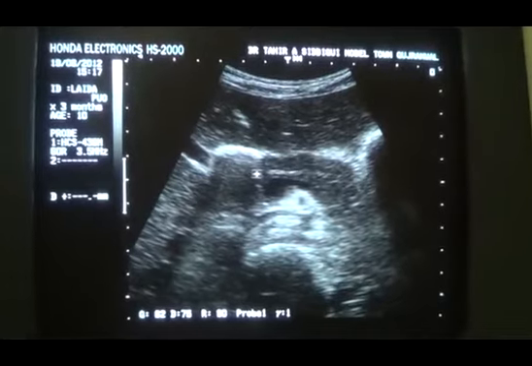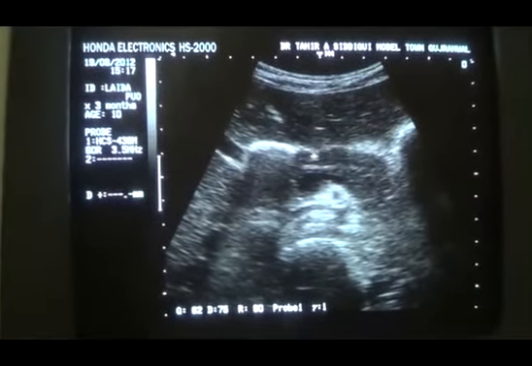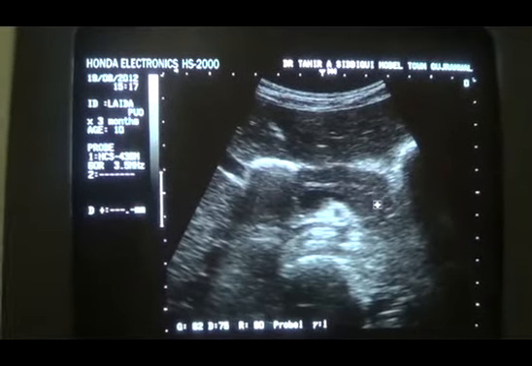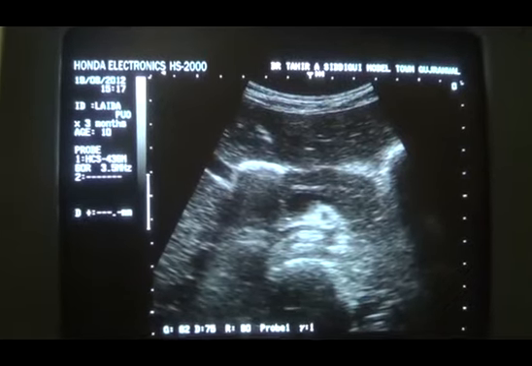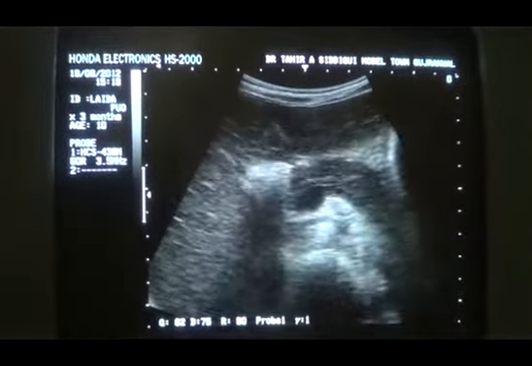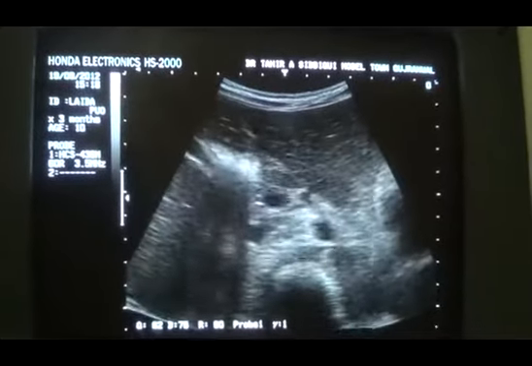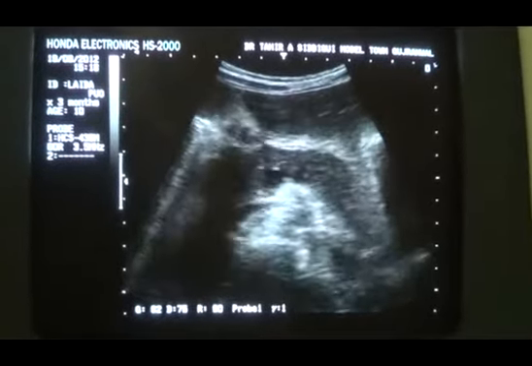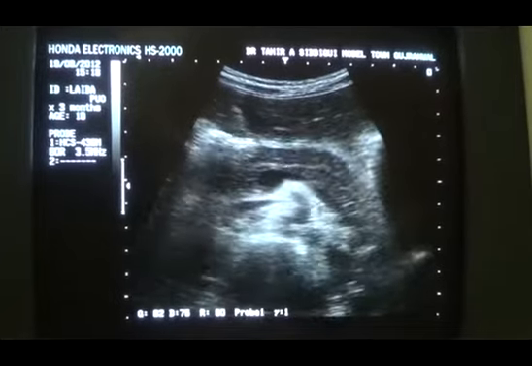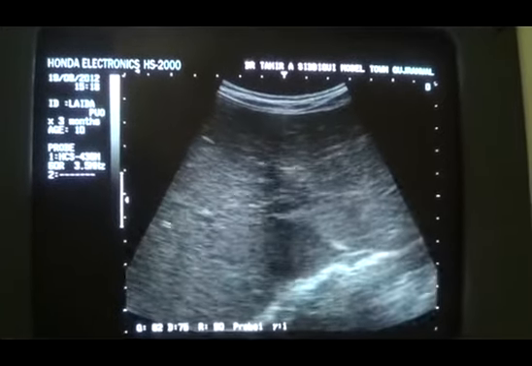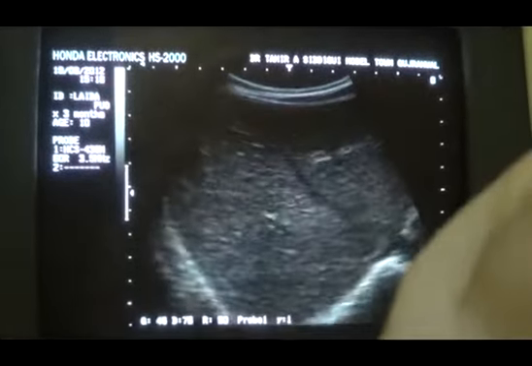See that the parenchyma of the pancreas is relatively hypoechoic, because in this age group the pancreas is less echogenic compared to that of the liver, provided the liver is normal. Now the liver is not normal.